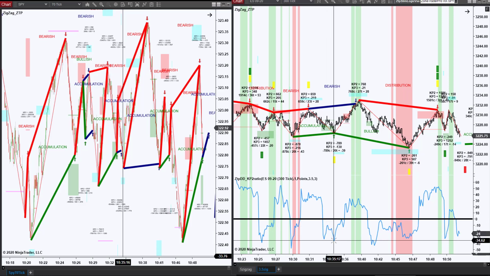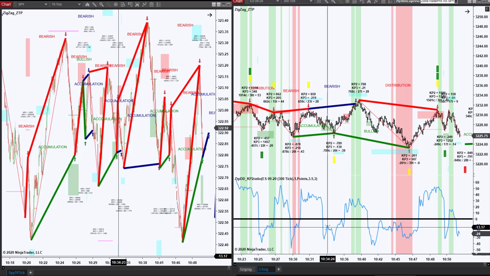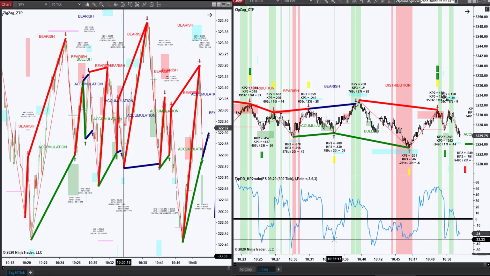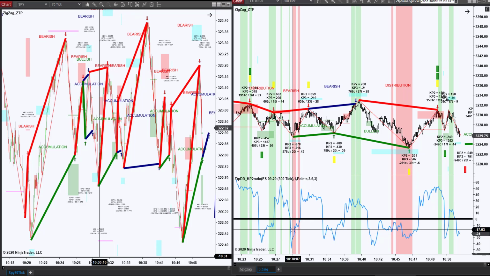As it fell back down, that's also what we want to see, because from this point to this point, limit order support is coming in, and that's again exactly what I want to see if I want to take this trade.